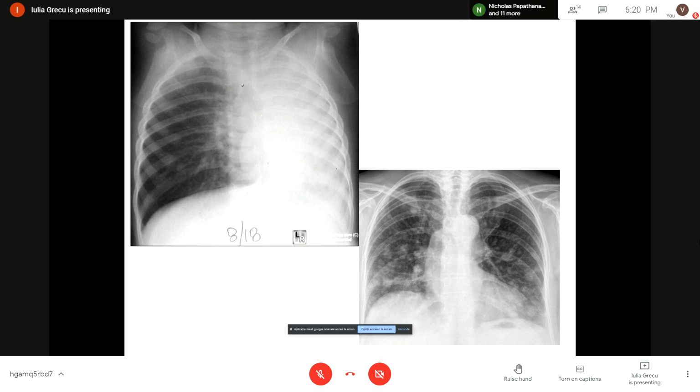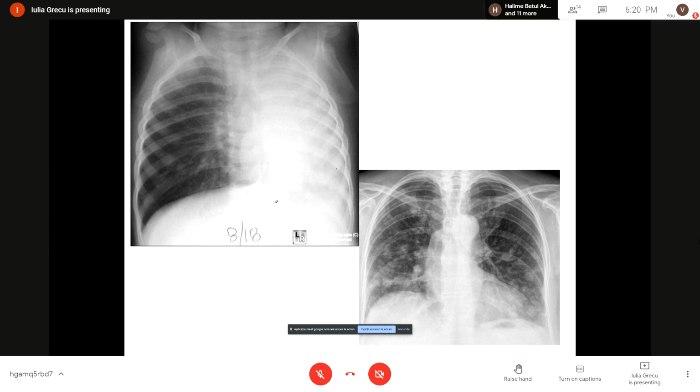So in the image in the upper part of the slide here, we have a normally aerated lung, which is transparent with linear normal vascular structures on the right side, and we have a completely white lung on the left side. This whiteness is called an opacity, and in this case it's called a massive opacity.